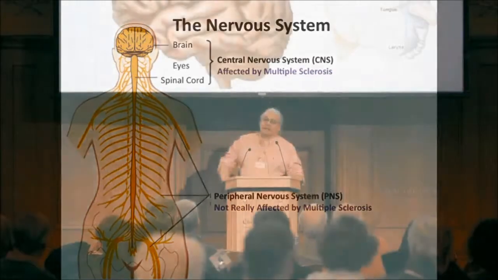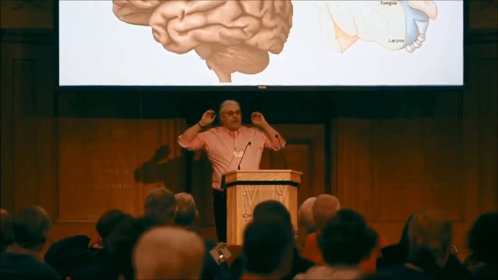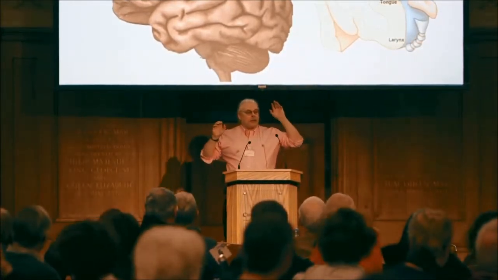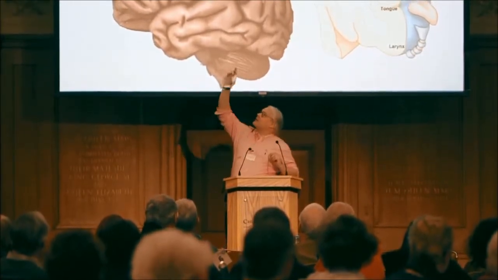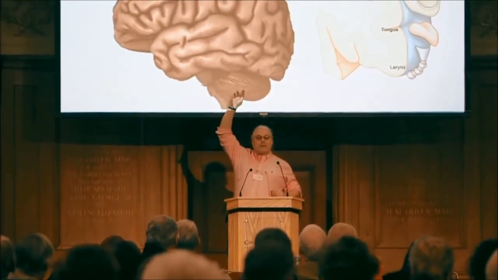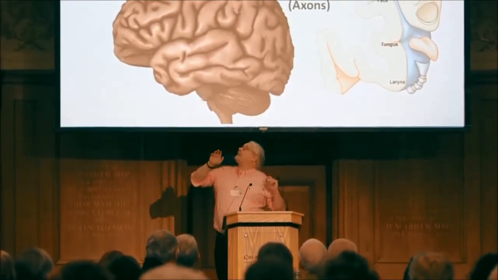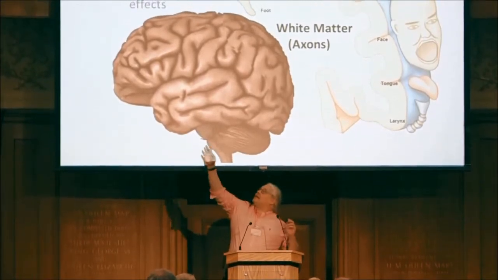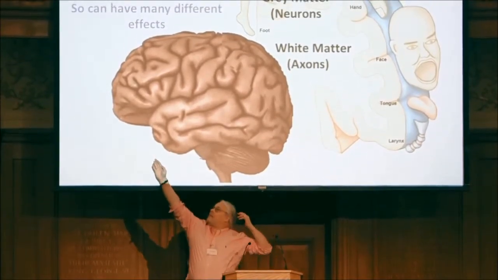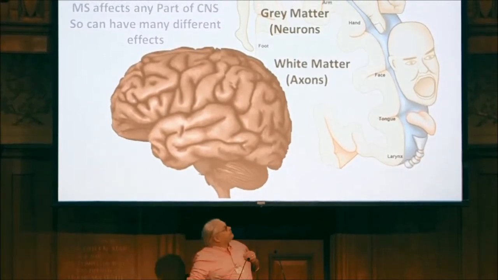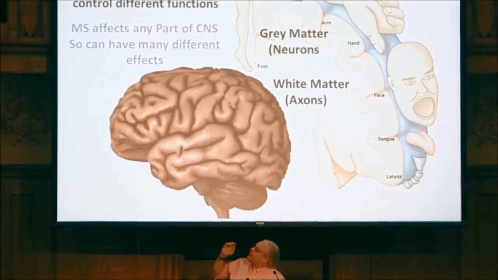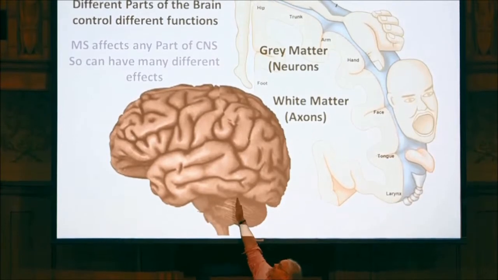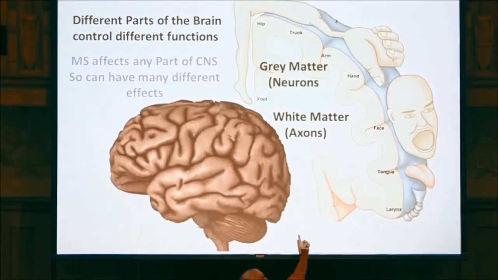Now, the brain is a very complex organ, and different parts of the brain control different functions. This bit here is the cerebellum, and that controls balance and movement. That bit there is where your vision is processed. Some of the more emotional bits are at the front of the brain. If we take a slice of the brain here, you can see this bit.